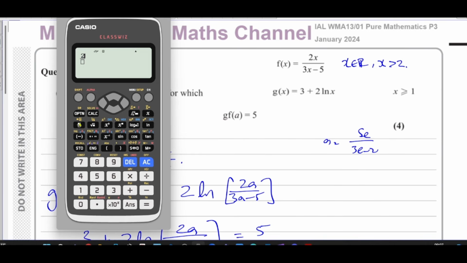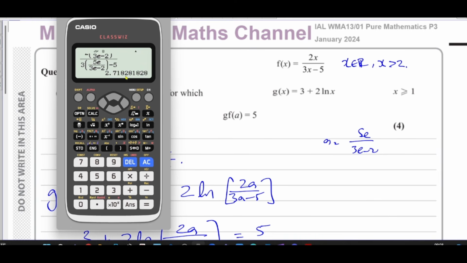So we have 2 times 5e, where e is found by using this button, divided by 3e minus 2 in the denominator, divided by 3 times the same thing, 5e over 3e minus 2, and minus 5.